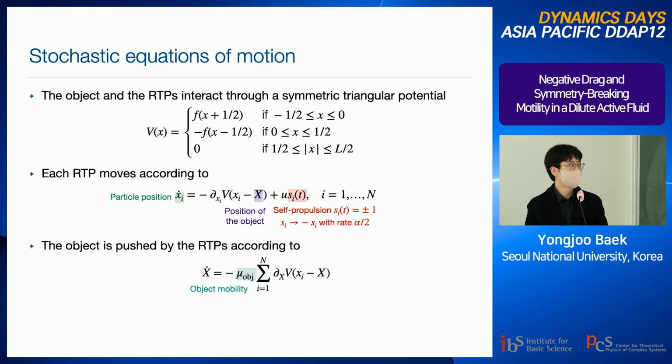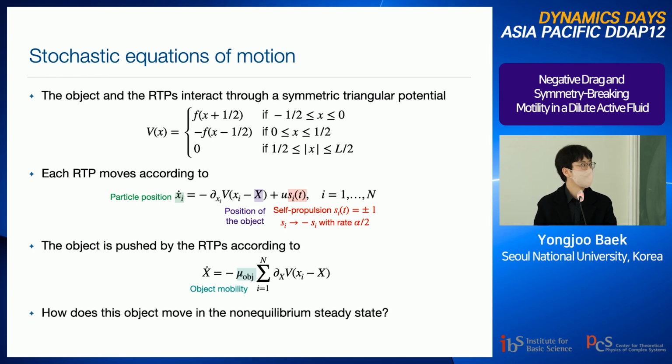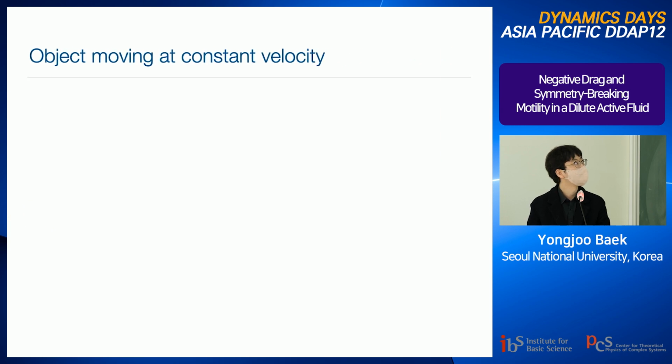And the object is pushed by these active particles according to the action-reaction force, as written here. This object is also assumed to be overdamped, so we just use this mobility coefficient to connect the force and the velocity directly. So the question is, how does this object move in the steady state?